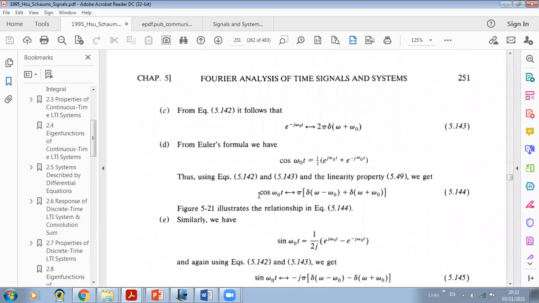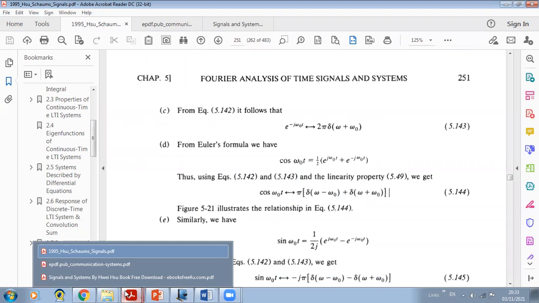Yes, correct: cos omega naught t we can write as delta omega minus omega naught plus delta omega plus omega naught. Using the Euler formula, the linearity property and the frequency shifting property, we can evaluate this. We have done this, so I'm not going to do it again.